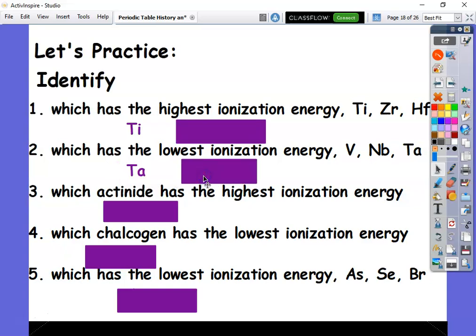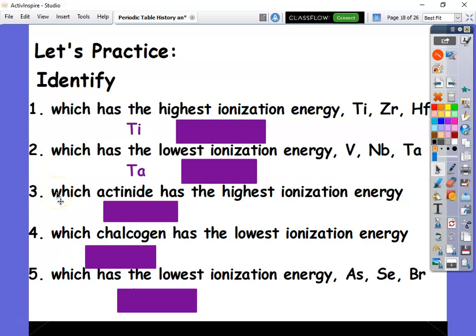The answer here is tantalum, Ta. The reason for that is that tantalum has the most energy levels of those three kinds of atoms. It has more than the other two, so the nucleus with the protons is just physically further away from the valence electrons and the outer electrons. So to remove one of those electrons takes less energy.